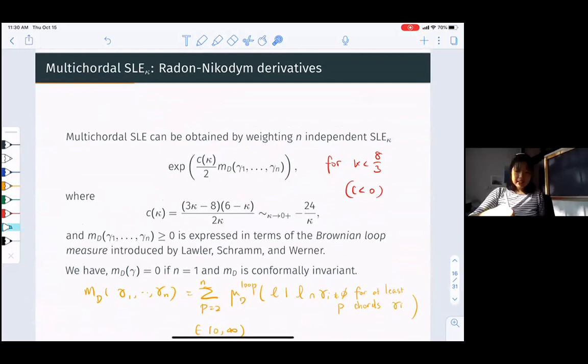So what are these? c of kappa is the central charge related to kappa. We will only be looking at the kappa equal to 0 case. It's asymptotically minus 24 over kappa. Already when kappa equals 0, it doesn't really make sense. Also, when kappa equals 0, there has to be a deterministic curve, so there are no Radon-Nikodym derivatives that will make sense.